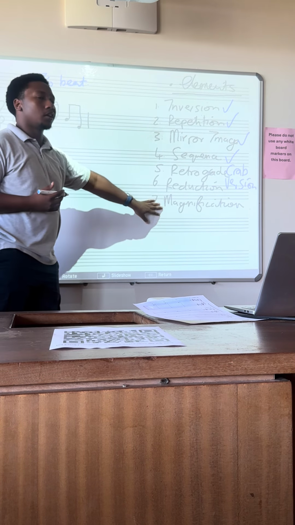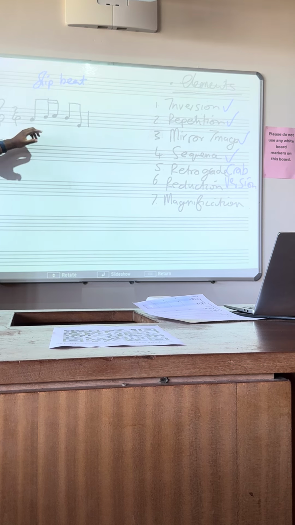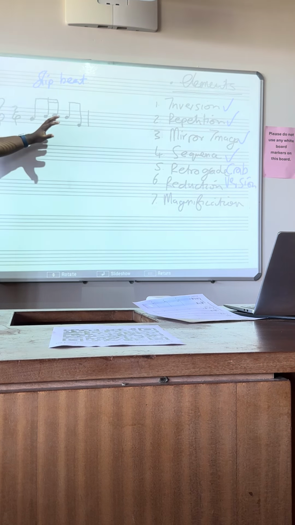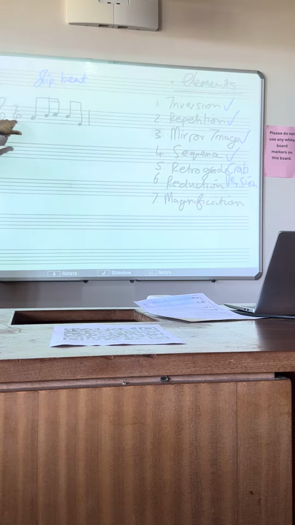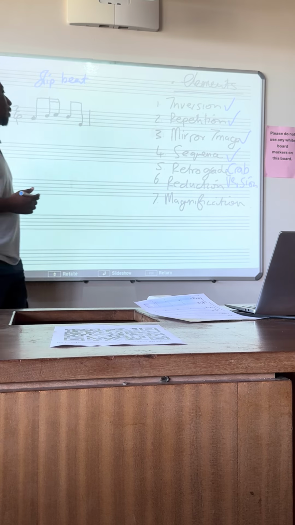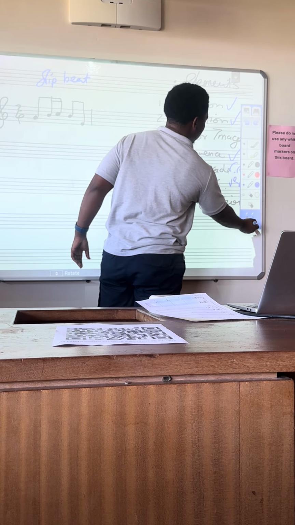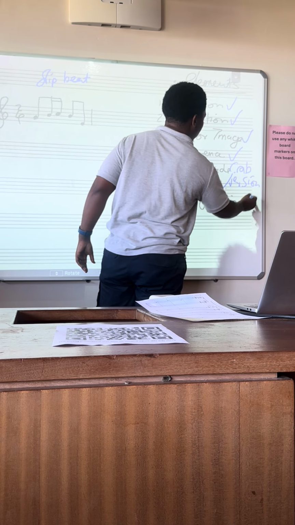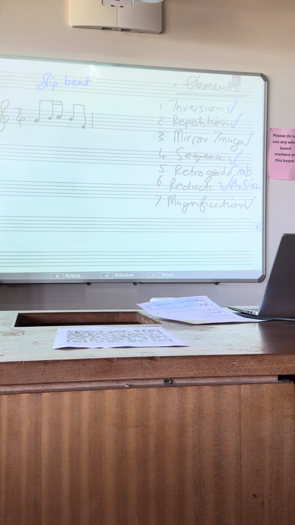And then magnification is the opposite, you double. Quaver goes to a crotchet, semiquaver to a quaver, etc. Also the time will need to be doubled. So 2/4 time will go to 4/4 time. So that's what magnification means. So reduction is halving, magnification is doubling, basically.